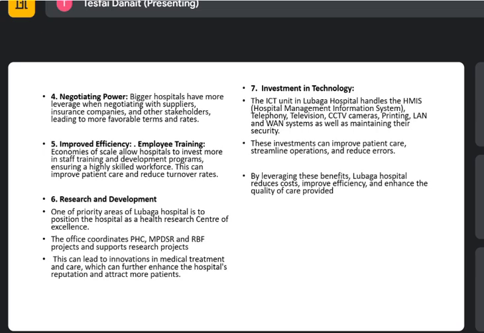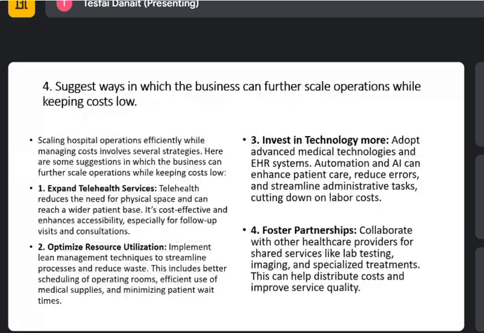By leveraging these benefits, Lubaga Hospital reduces costs, improves efficiency, and enhances the quality of care provided by using economies of scale. And then the other question that was given to us was to suggest ways in which a business can further scale operations while keeping costs low.